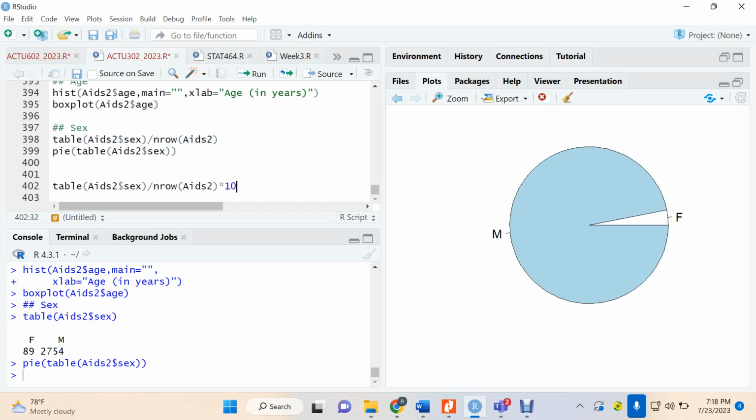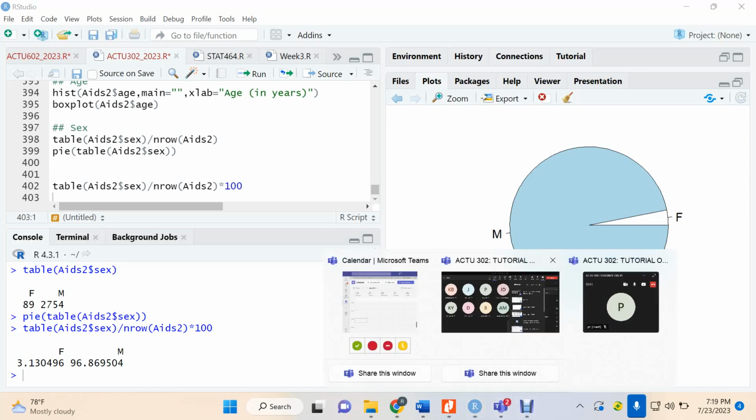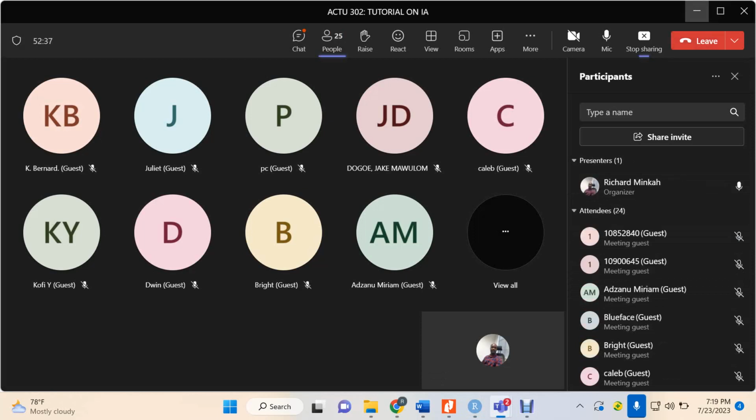So the percentage of females is 3.13%. For male it is 98.6 or 98.7%. And then you talk about it. So whichever one you use, that's your choice. If you have any question, please ask at any time.